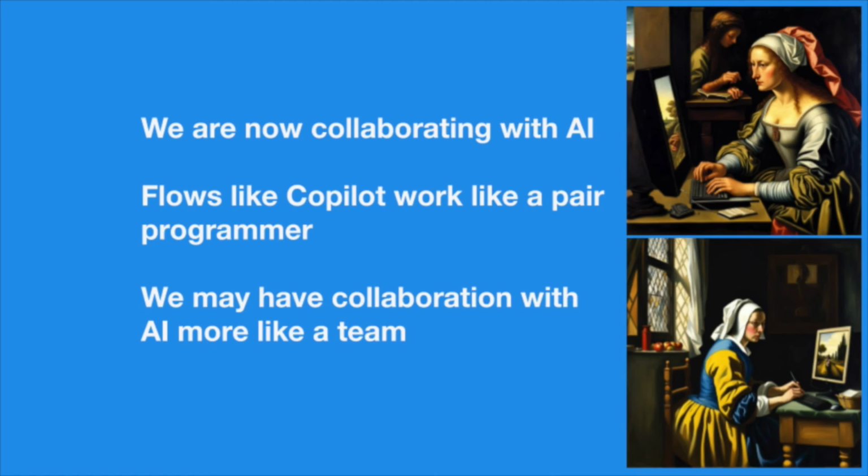As we mentioned before, how we should work with automation is becoming an increasingly important question. As we get more and more AI helping us, that becomes even more critical. At the moment, we've got systems like Copilot that are modeled on a sort of pair programming flow. Well, they're not really quite the same, but maybe that spirit. But what if you had a team of AI helpers that you collaborate with more like a team does?